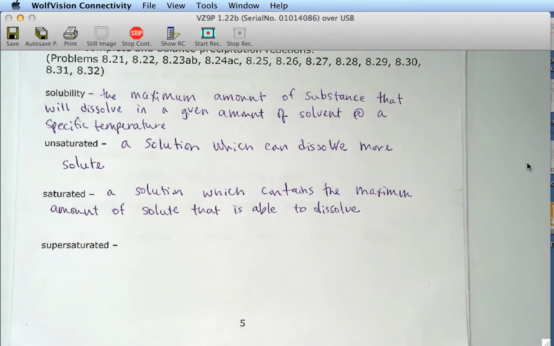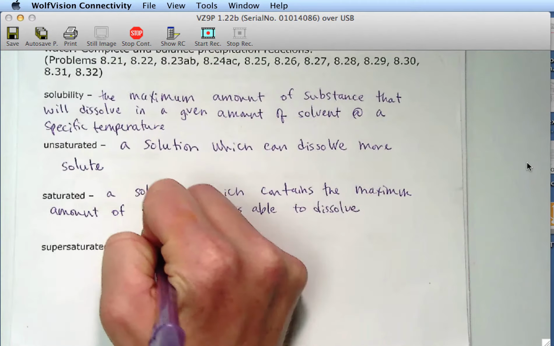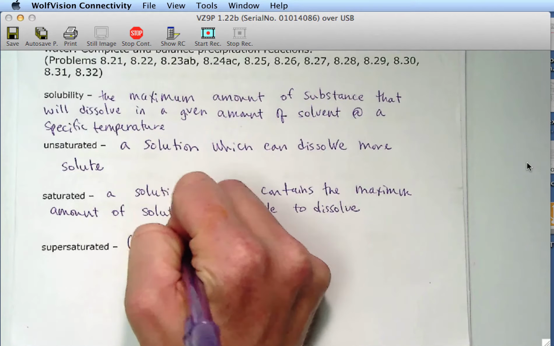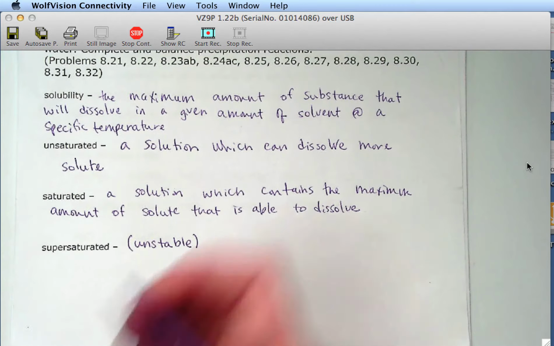So now, supersaturated solution. This is an unstable solution. So I'm going to put unstable in parentheses. This is a solution that contains more solute than the saturated amount.